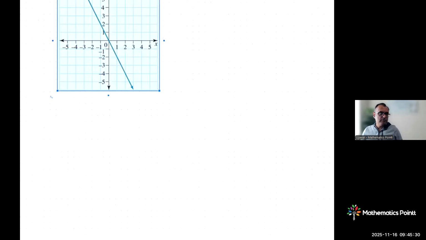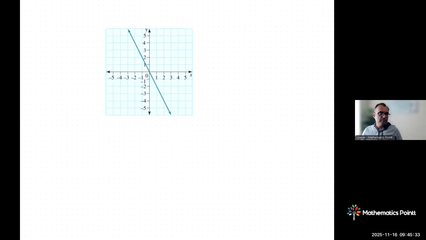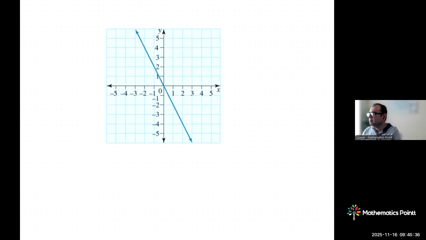All right, let's do this one now. Can you find me the rule of this line? Take your time. Y equals to negative 2x is the right answer. So, how do we find it? That's my point, 0, 0.